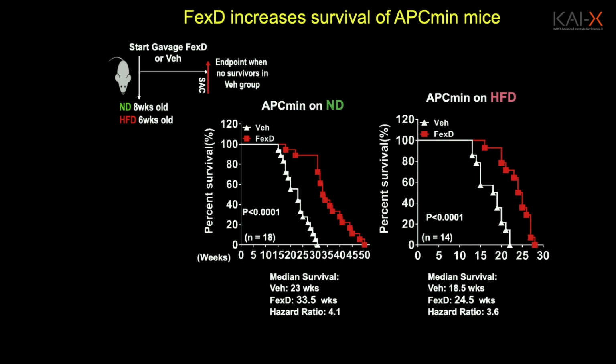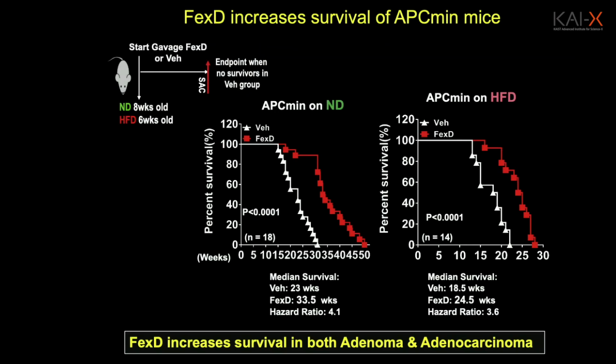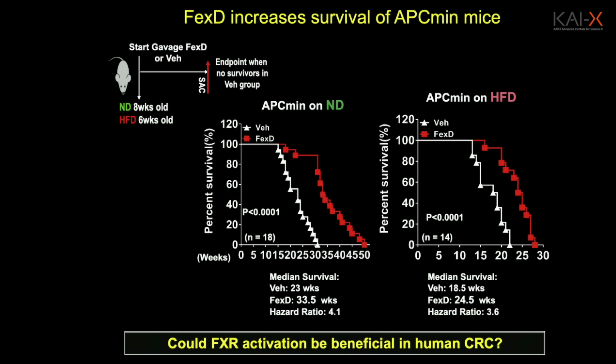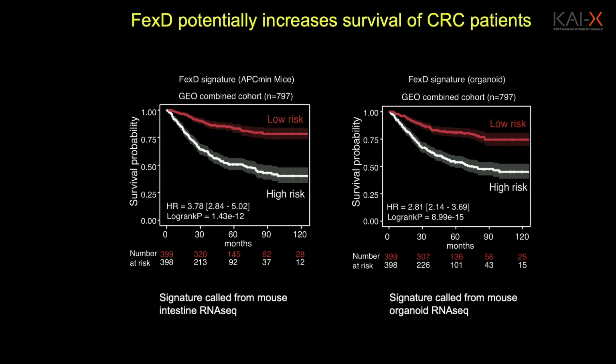And so this then led us to, because we have the gene changes, take those genes and go into the database for humans with colon cancer and ask if you have the FXR gene expression that we have seen in human organoids or the APC-min mouse, so human and mouse.